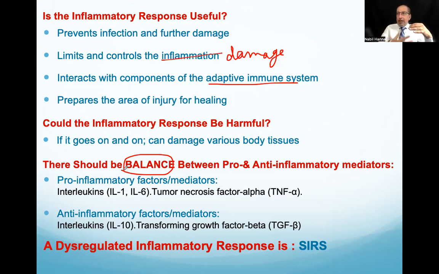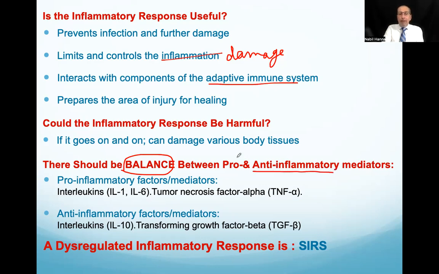because inflammation is very important to protect your life. So it has to start very rapidly, and it has to be very aggressive to limit and control the damage. But on the other hand, we also should have anti-inflammatory mediators.